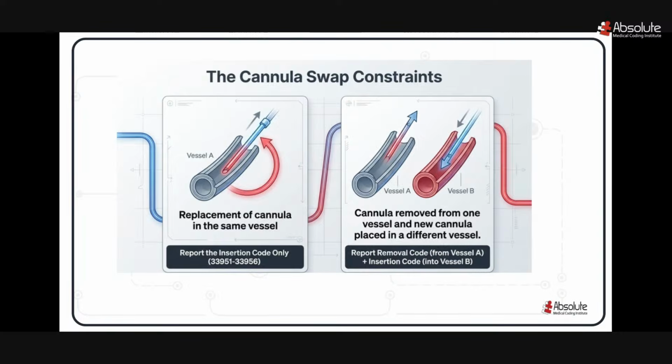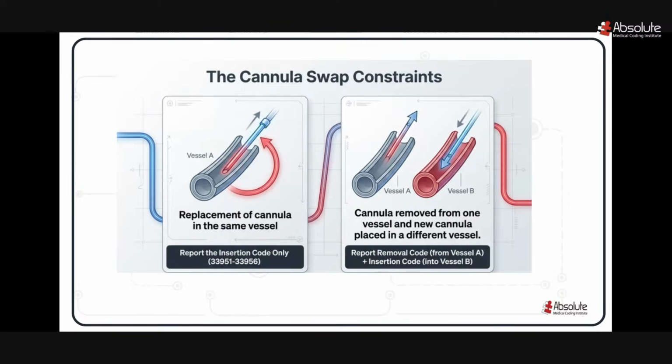At first glance, repositioning, replacing or moving a cannula may sound straightforward, but from a coding perspective, one small detail changes everything. And what is that? The question: is the cannula staying in the same vessel or moving to a different vessel? That single question determines how the procedures are reported.